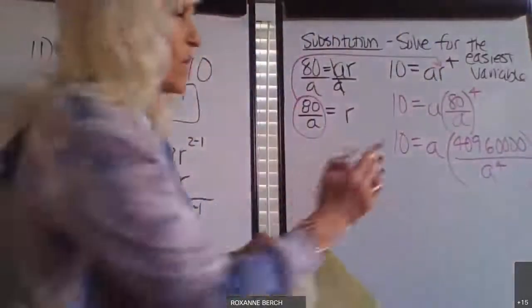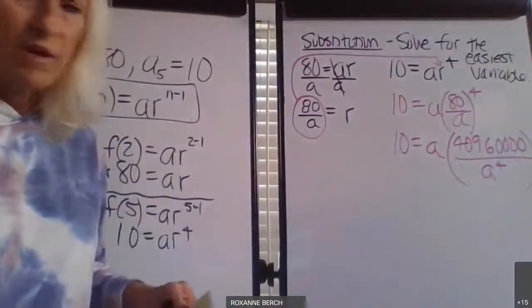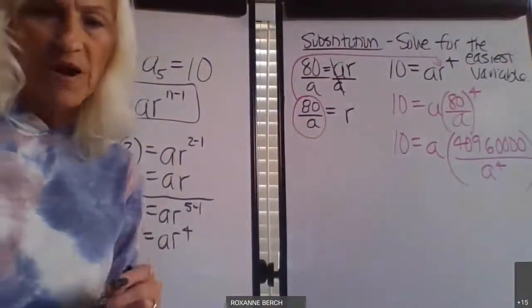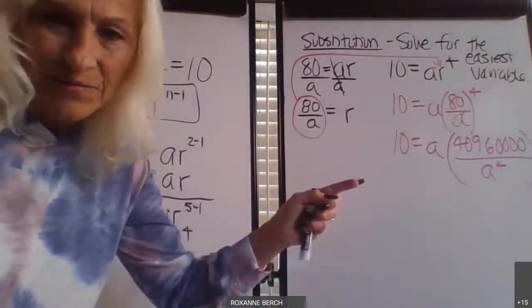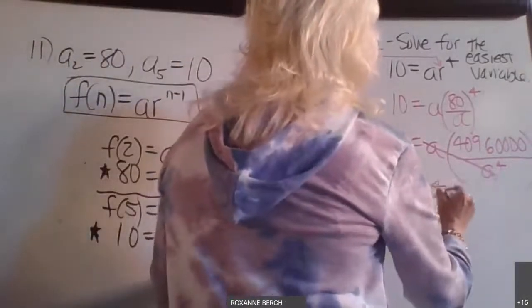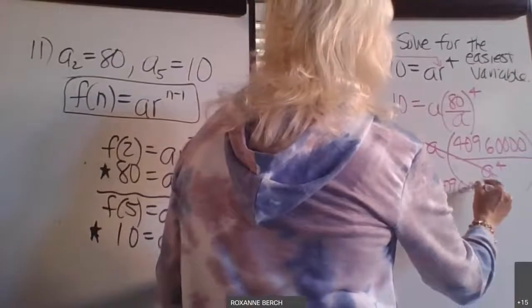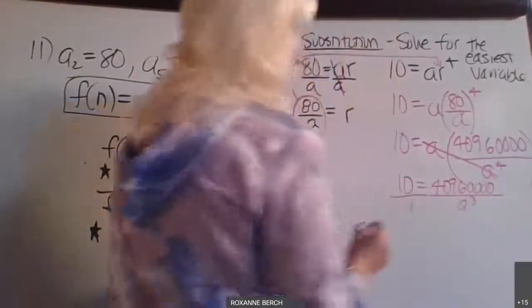So 80 to the 4th is 4,096 with 4 zeros, a to the 4th. Is everybody okay so far? So now I can cancel the a's. So when I cancel the a's, I get 10 is equal to 4,096,000 over a cubed, and now I can set up a proportion.